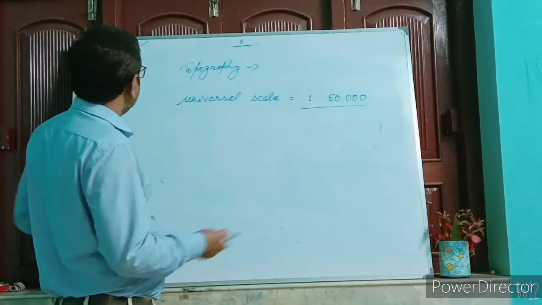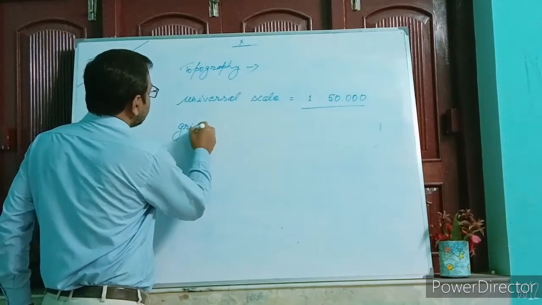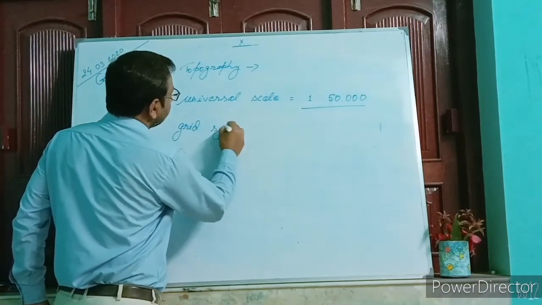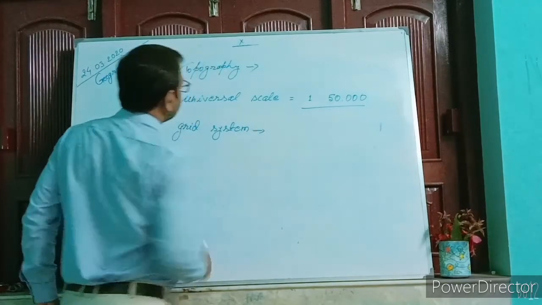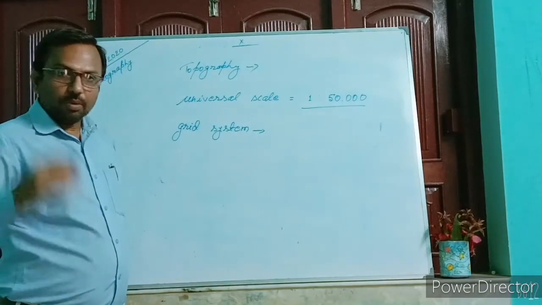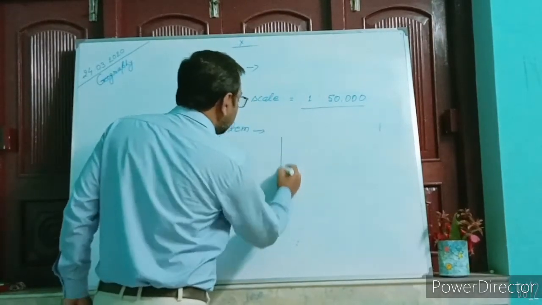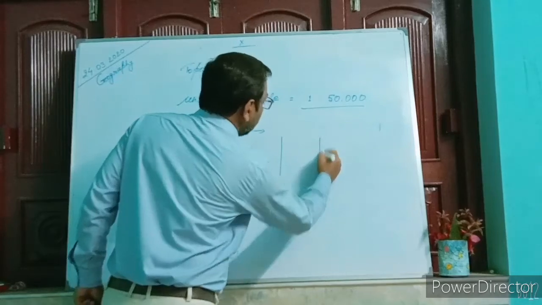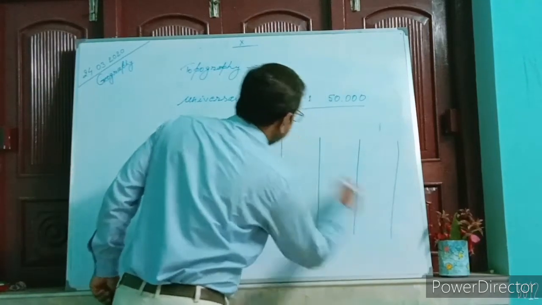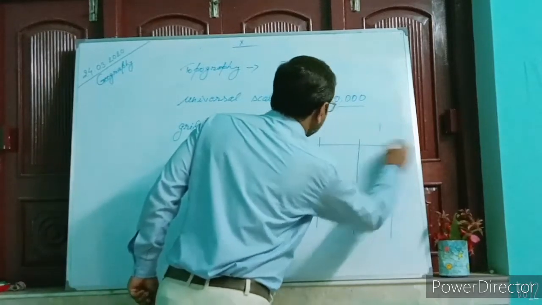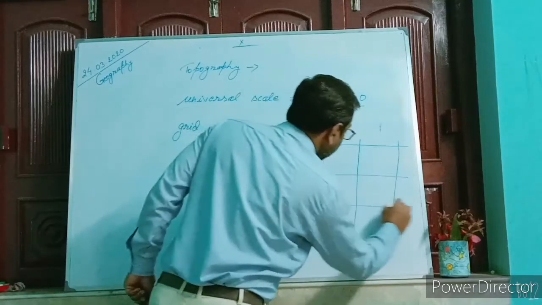Second basic thing, that is the grid system. You will find on the topo map, on the topo sheet, some vertical and some horizontal lines crossing each other.